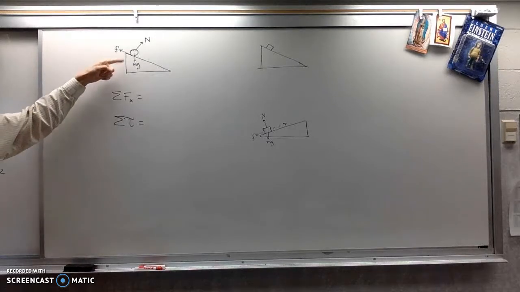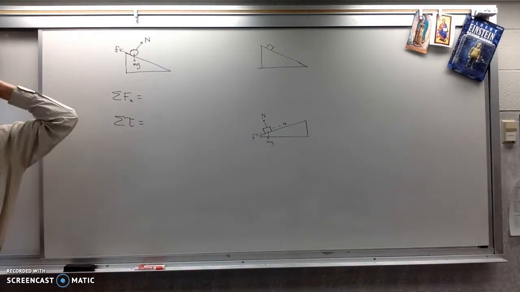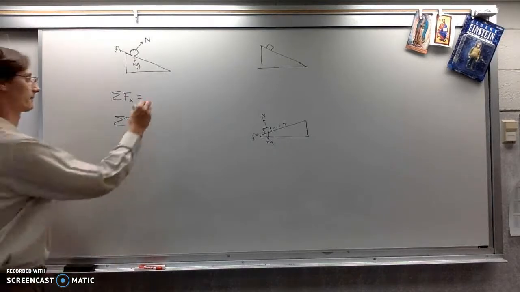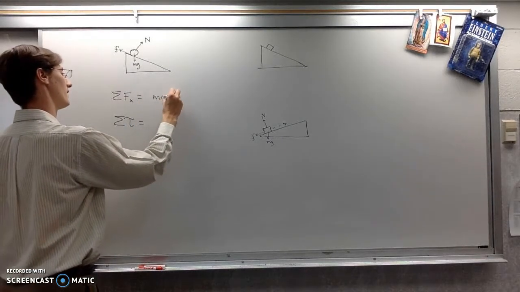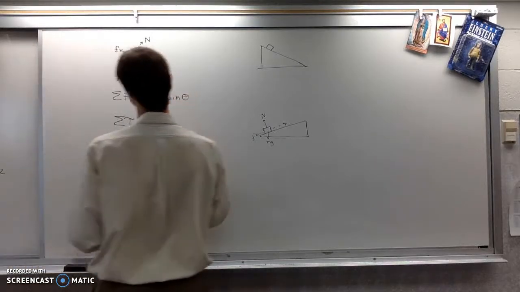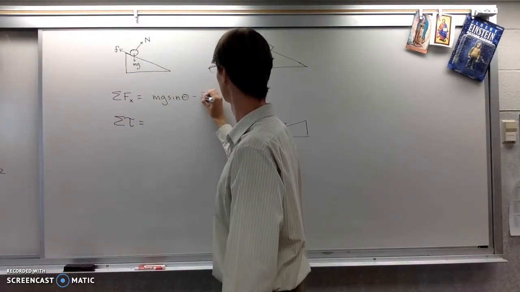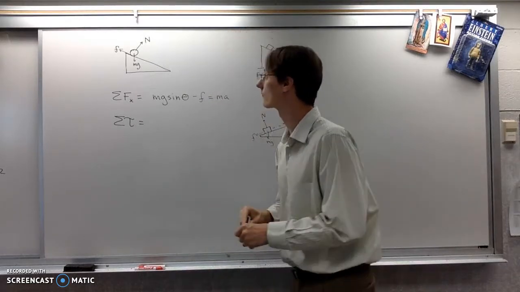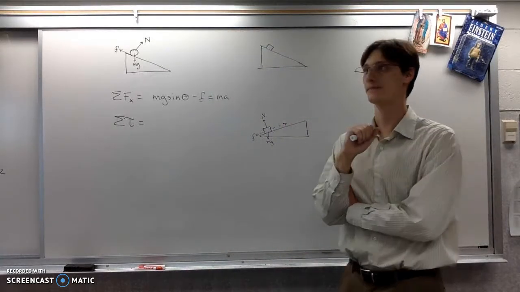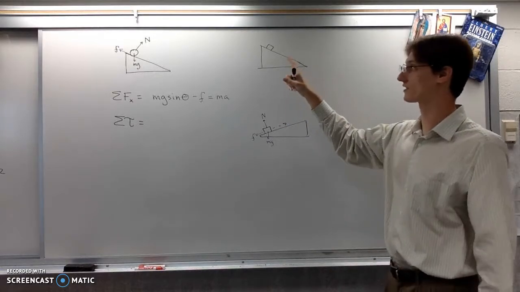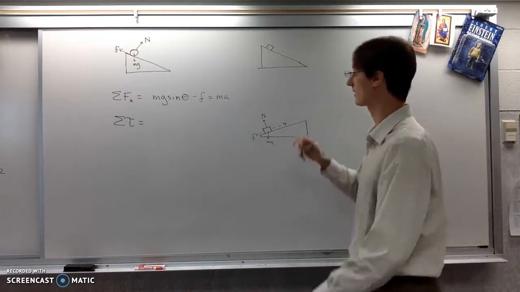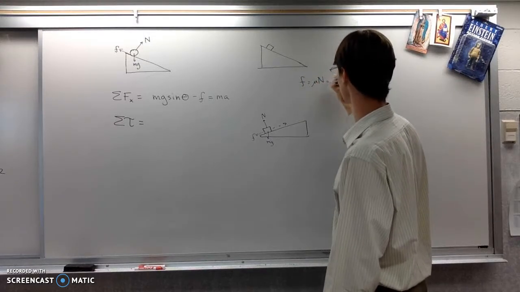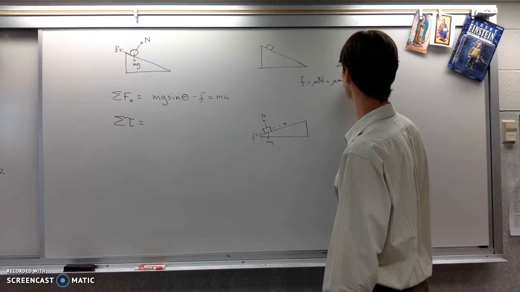So what are the x forces acting on this thing? And what else we got? Friction. And then equals ma. Now, what we would do with a sliding object is probably say friction is μN, and the normal force is mg cosine theta.